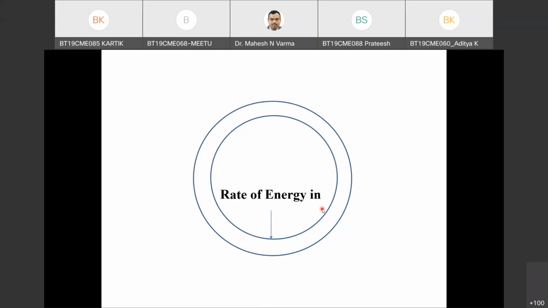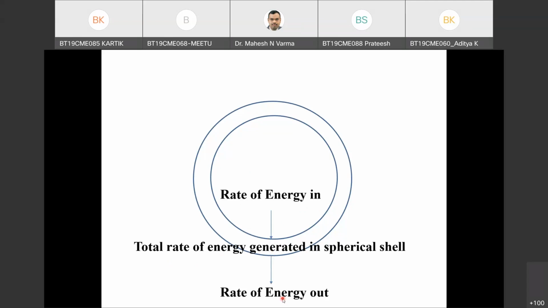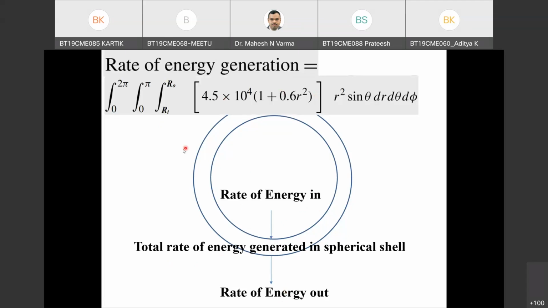So there will be a total rate of energy generated in the spherical shell. This spherical shell starts at 20 centimeter and ends at 50 centimeter. Rate of energy generation is given, so you can integrate.